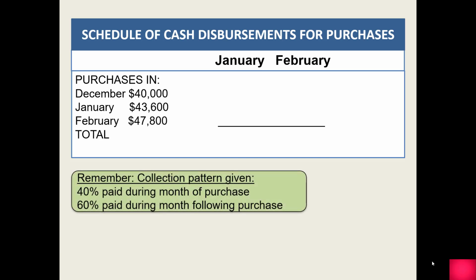I'll also remind you of the payment pattern. We pay 40% in the month of the purchase and 60% in the month following the purchase. So that means during the month of January, we're going to pay 60% of December's purchases and 40% of January's purchases.